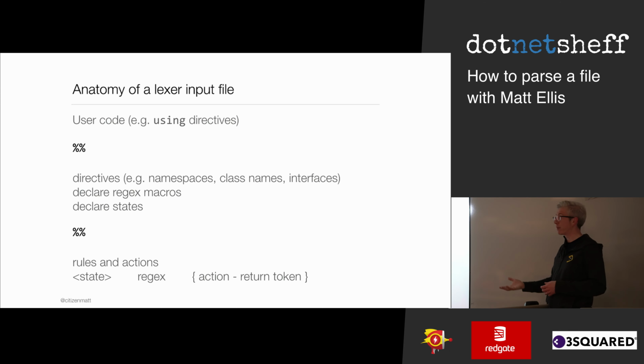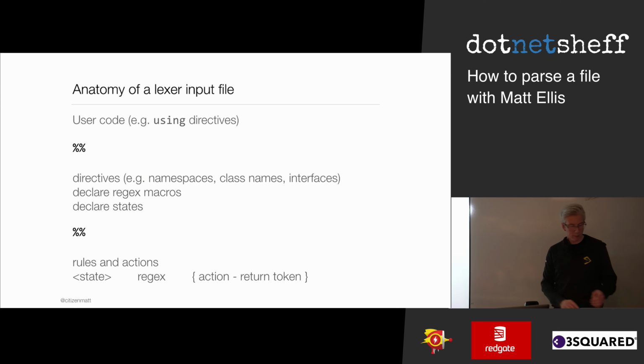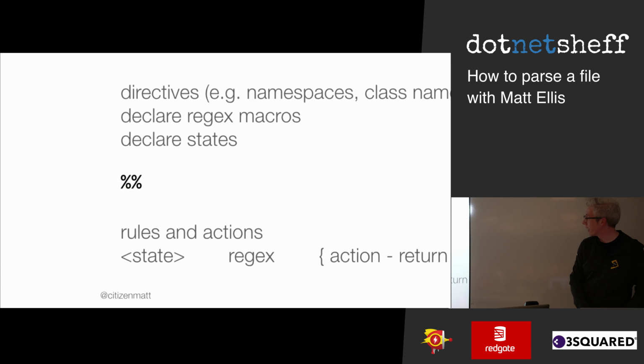You can declare regular expression macros to match the input stream coming in with the characters, and you also get to declare some states. The last section is where you put all this together. These are the rules and the actions, and you might not be able to see that down the bottom there.